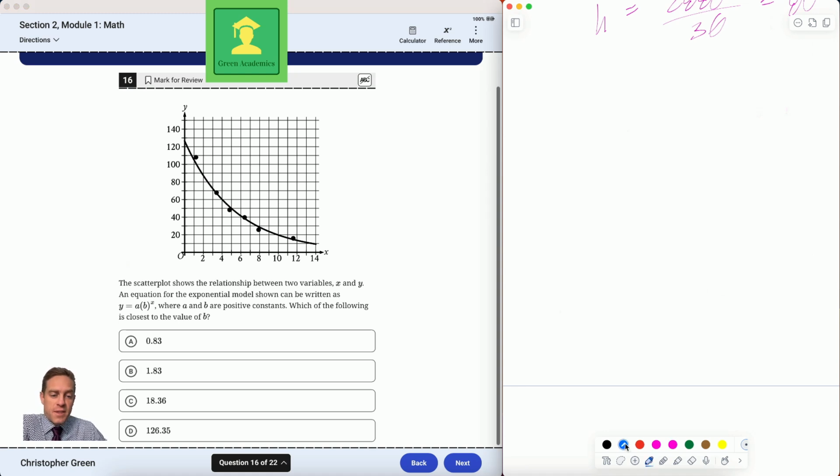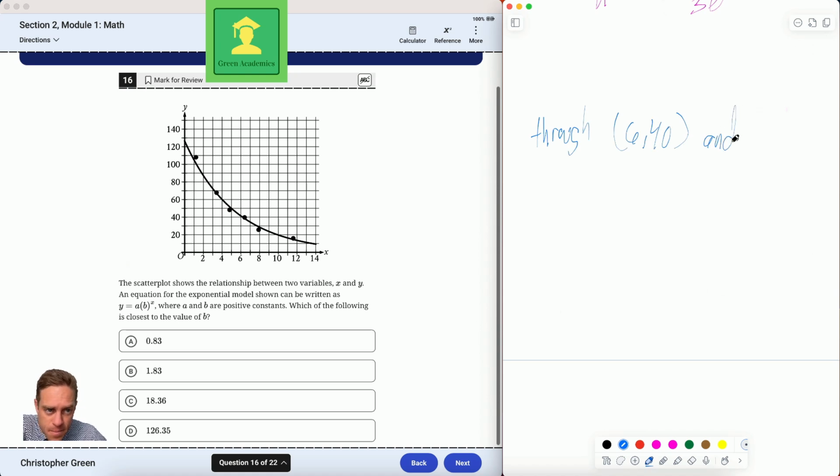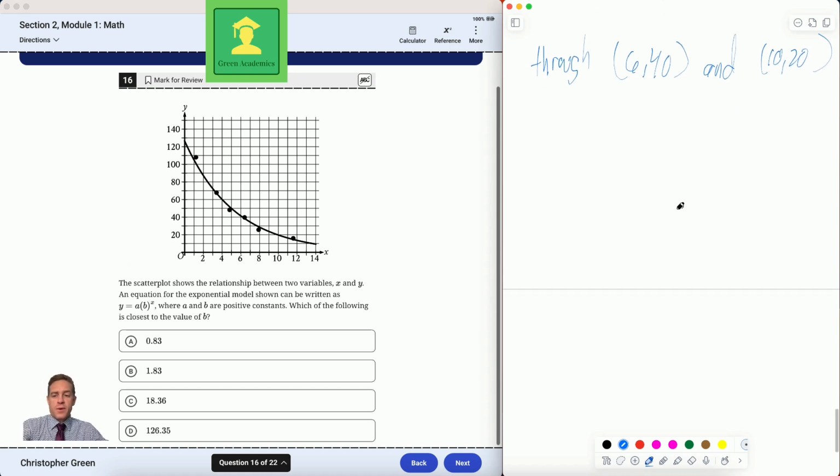Just as is often the case with linear approximation problems, even for the quadratic or exponential approximations, there are a couple of points it looks like it goes through. So I would do this by saying it looks like it goes through 6, 40 and 10, 20. There may be a better way of doing it, but I'm going to do it like this.